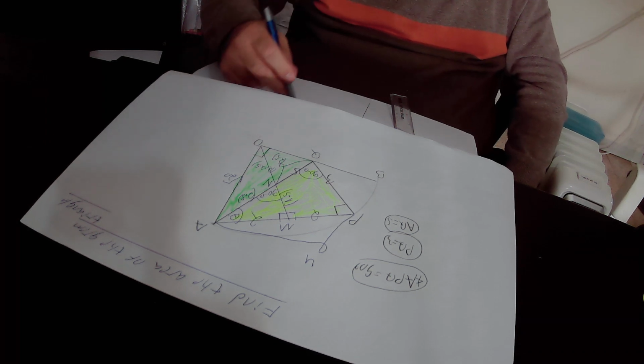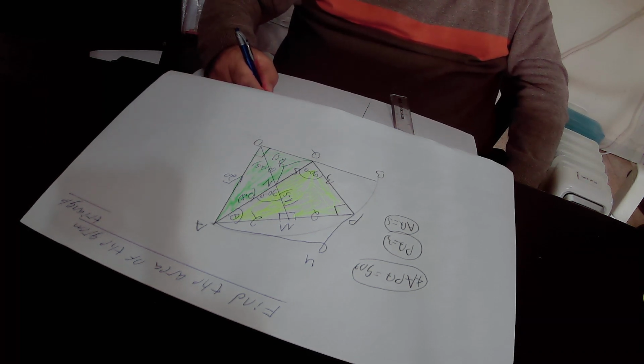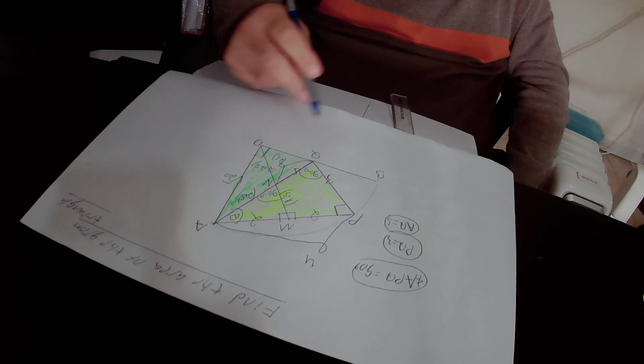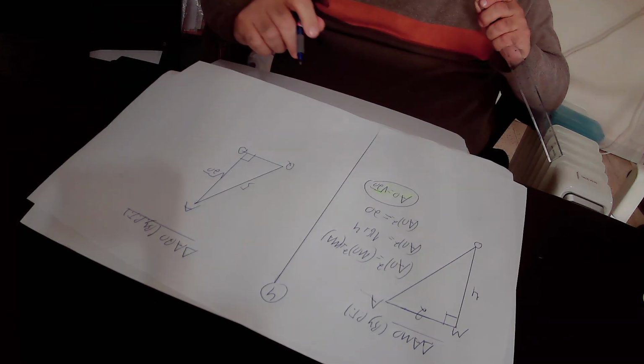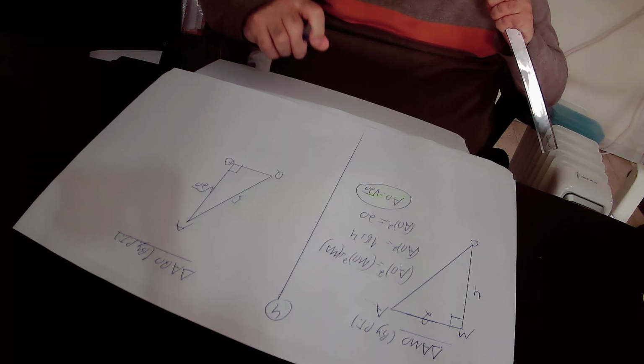AO equals the square root of 20 units, and the hypotenuse AQ equals 5 units. So this is the right triangle AQO that I copied from the original drawing.